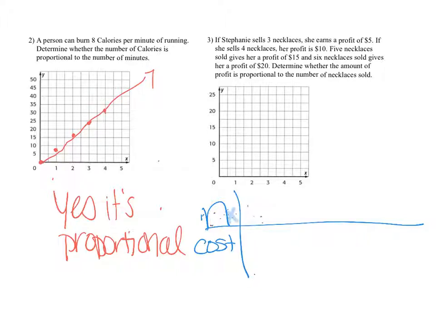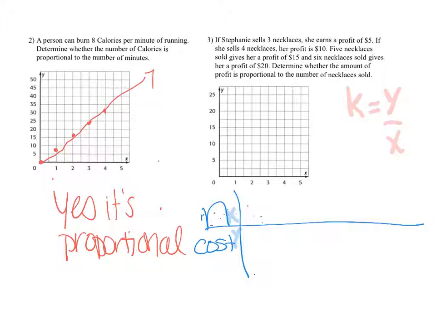This is going to be your X, and this is going to be your Y. How would we write that proportionally? K equals what? Y over X. So what's our Y? Our cost. And that's how we talked about writing cost over numbers, right? When we talked about proportions. Okay, so that's going to break it down that way.